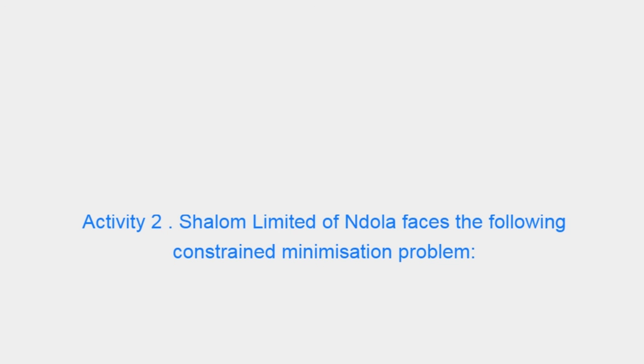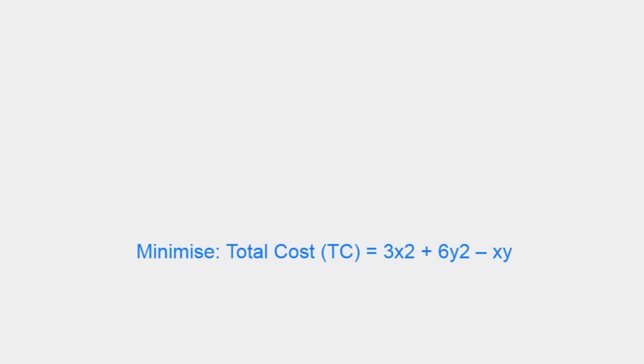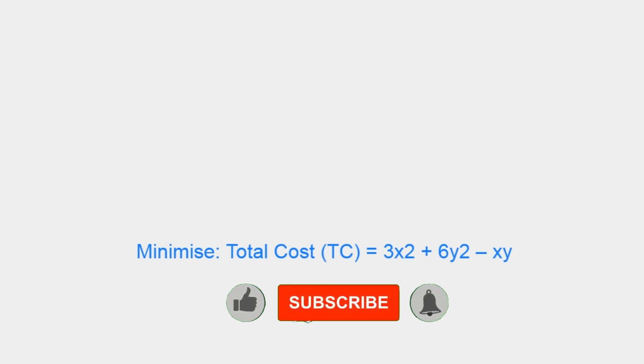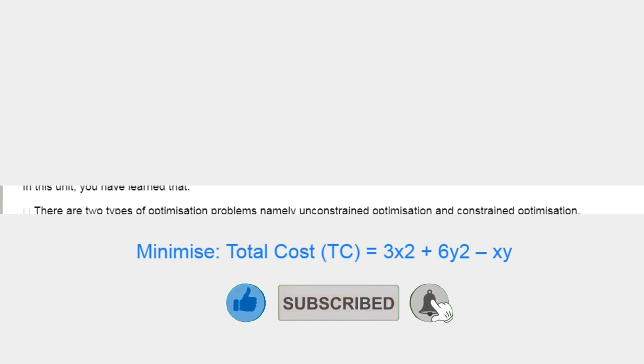Activity 2. Solve the following constrained minimization problem. Minimize total cost TC equals 3x² plus 6y² minus xy.